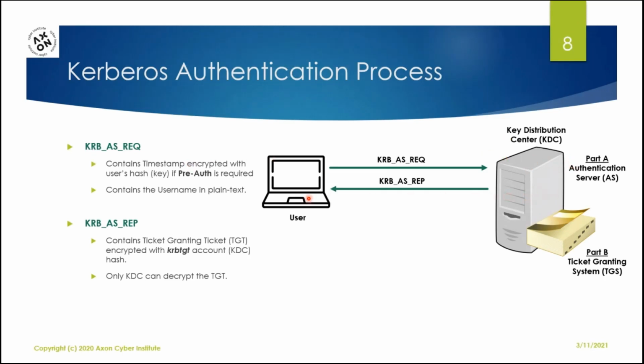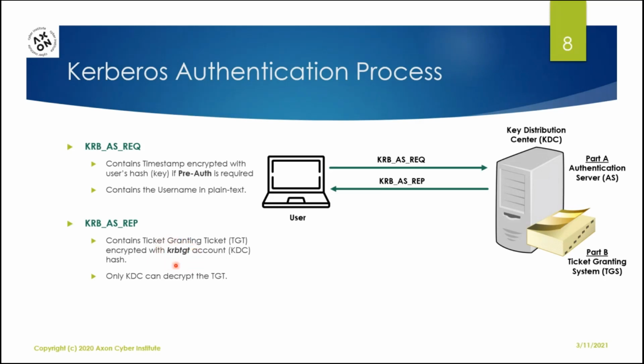It's going to reply with an AS reply. It's going to reply with something we call the TGT, ticket granting ticket. This is different from the TGS, which we're going to see in the next pair. The TGT is a bunch of data that is encrypted by the Kerberos account. This is the most valuable account on any Active Directory.